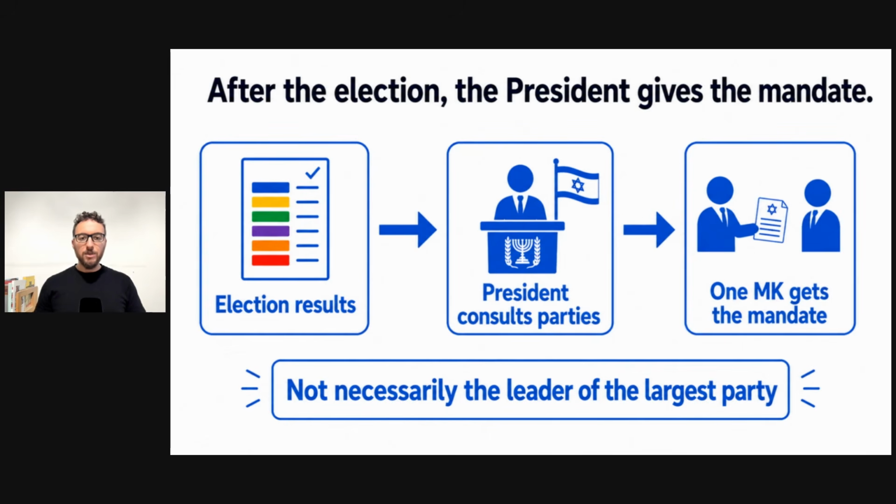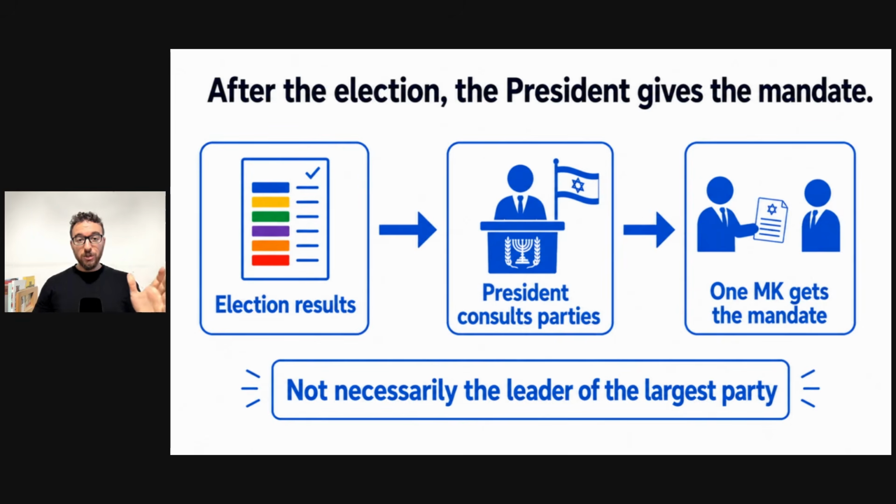So the heads of the parties that made it into the Knesset come to the president, and each head recommends who they think should form the government. The president listens to those recommendations, and according to those recommendations, he gives a presidential mandate to one of the members of Knesset.